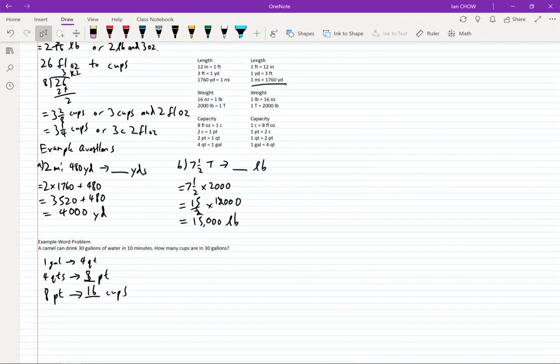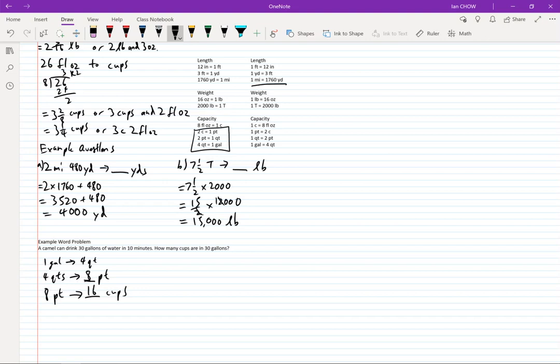So 1 gallon is 4 quarts, and then 4 quarts is going to be 8 pints, and then 8 pints is going to be 16 cups. Okay, so remember we need to use that conversion over here.